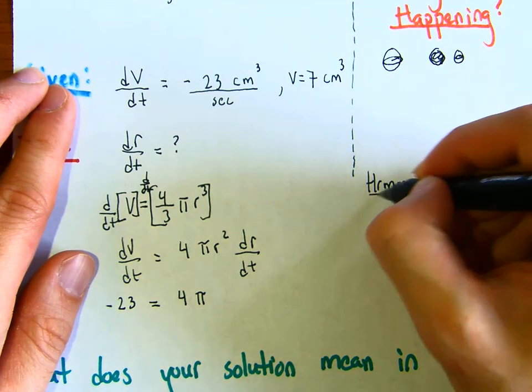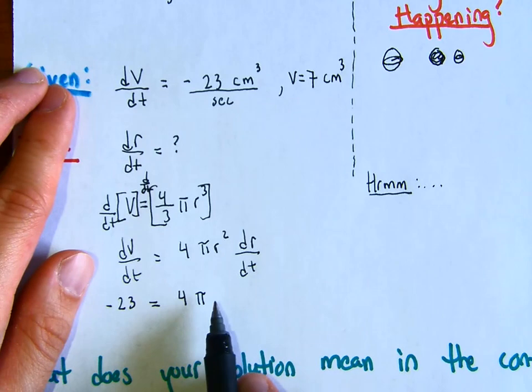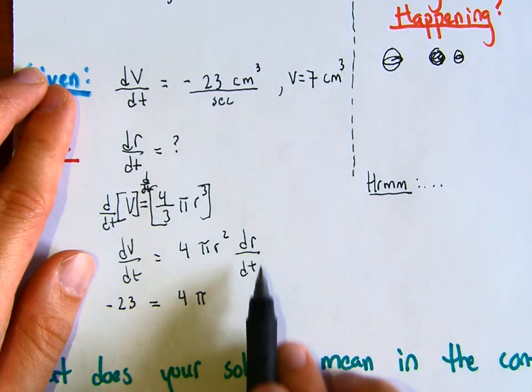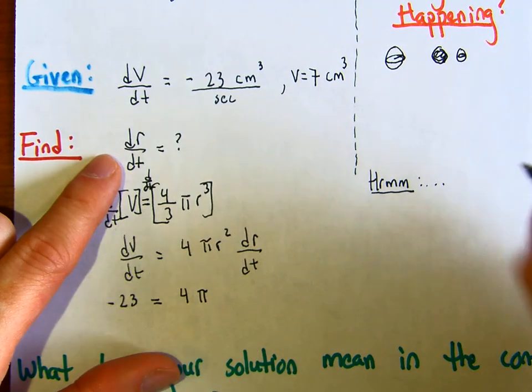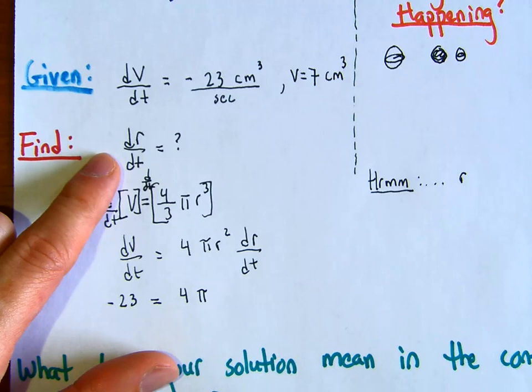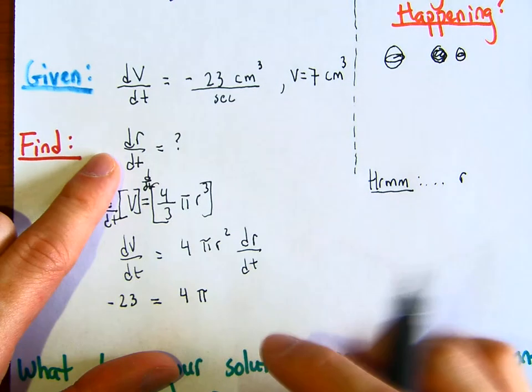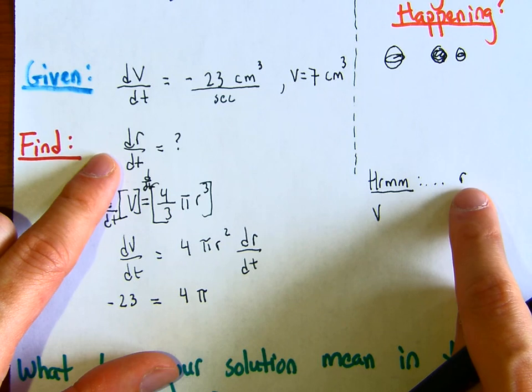Maybe some of you got stuck on this part. What is the radius? You don't know. Do you know what dr/dt is? No, because that's what you want to find. So this is where we have to do some work on the side. Can you find what r is?